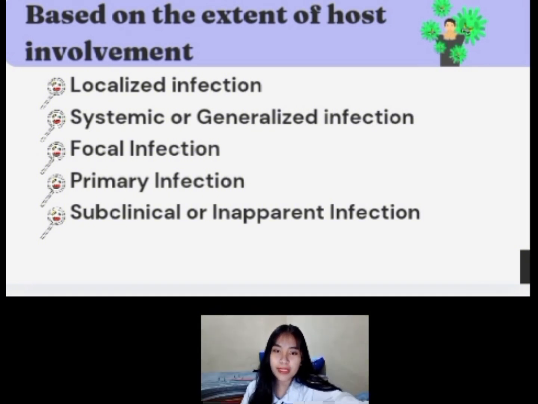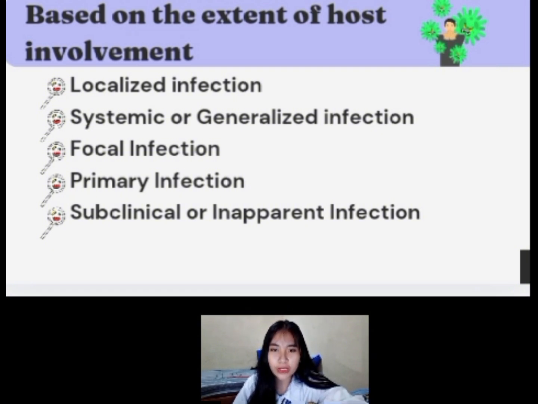In this segment, I will discuss how infections can be classified based on the extent to which the host body is affected.